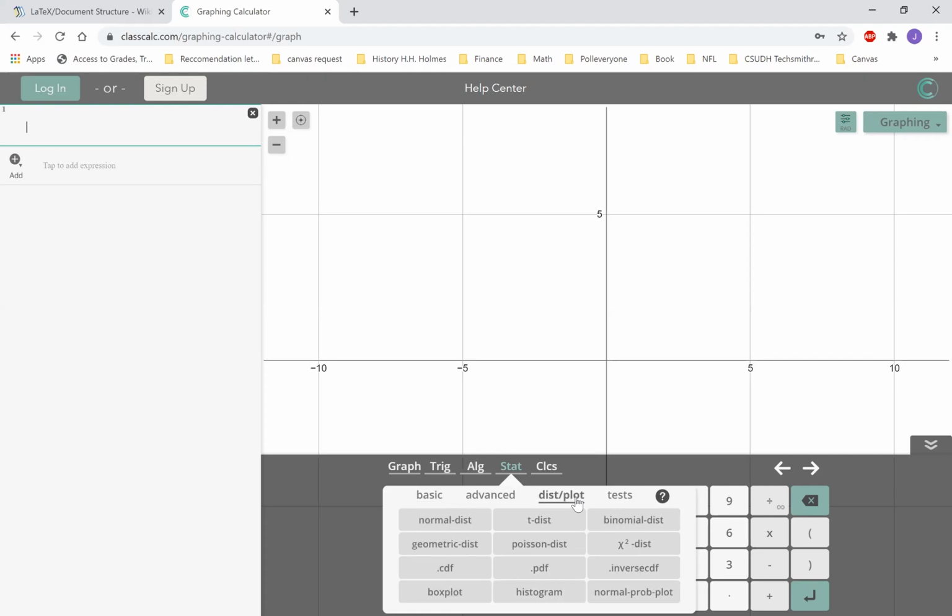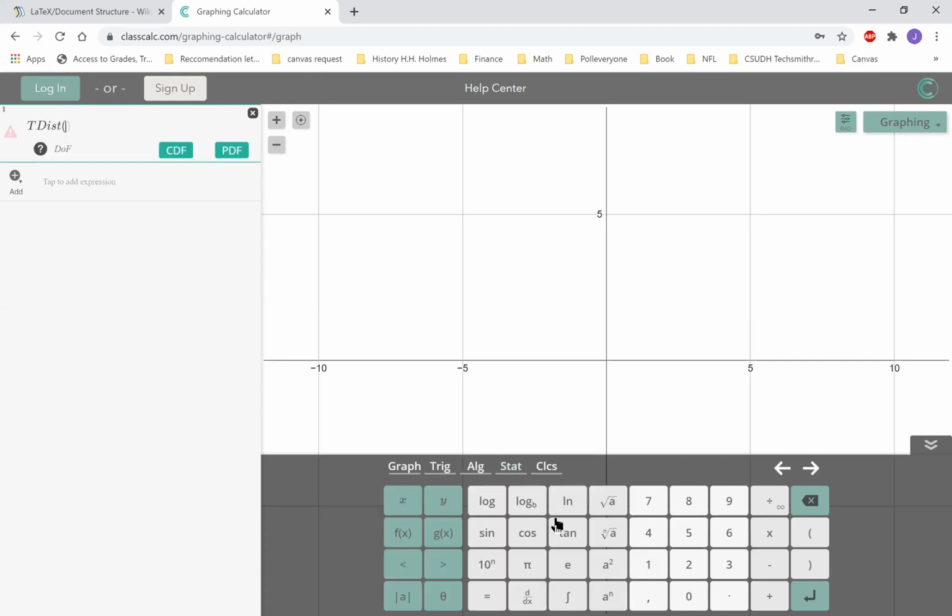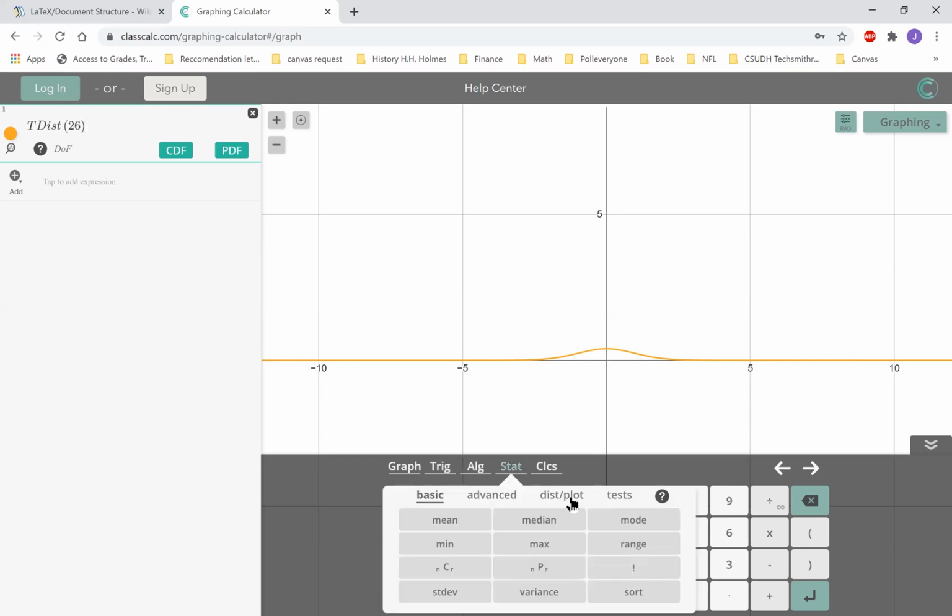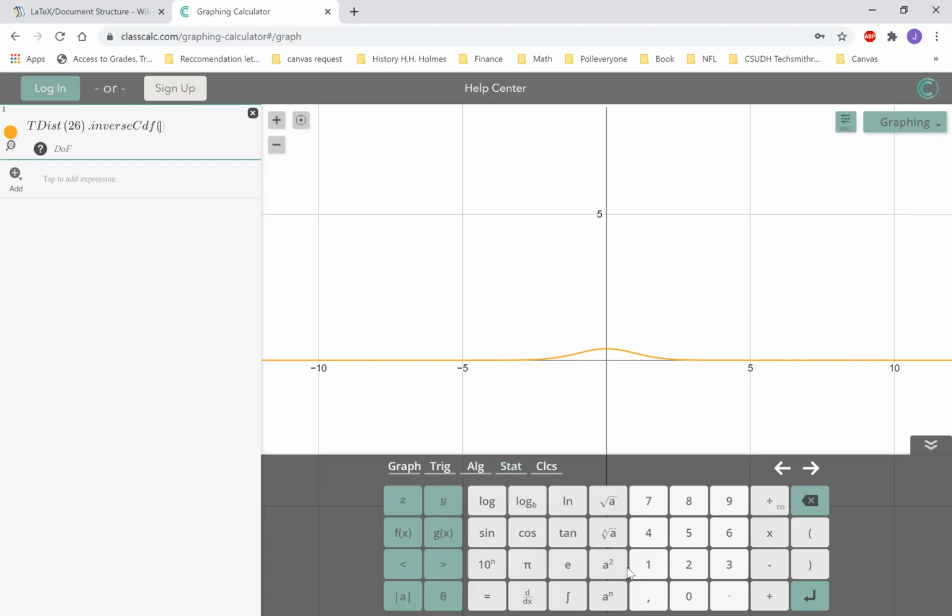All right, so we do T distribution, we do 26. Then we go ahead and do inverse CDF. So you do 0.025, and if you look at that, this is our T value. Remember, the calculator is going to use all of this, but for us, we're just going to use 2 decimal places.